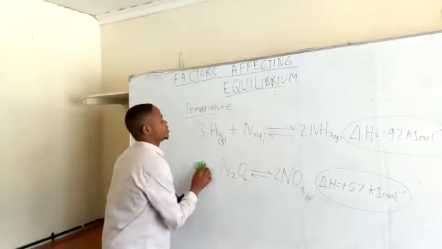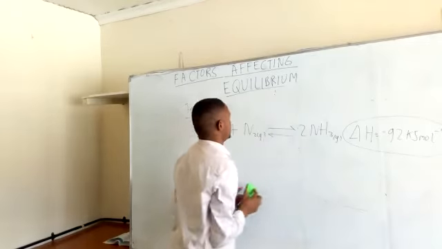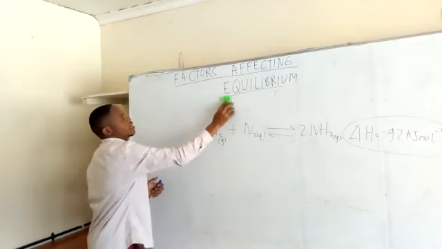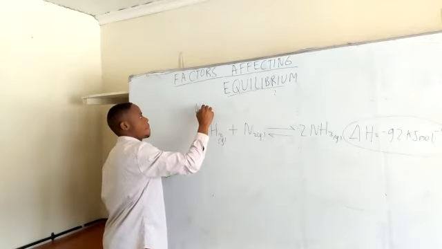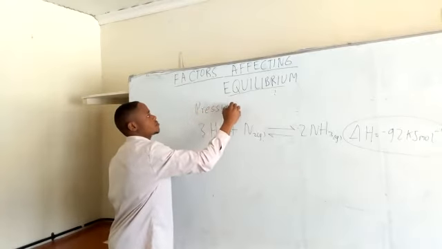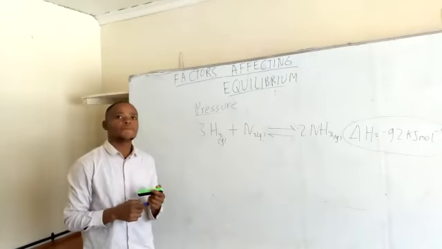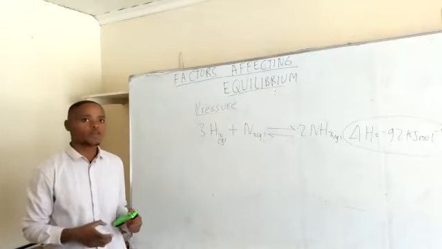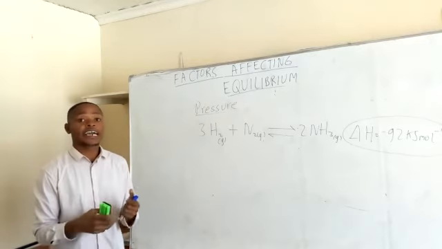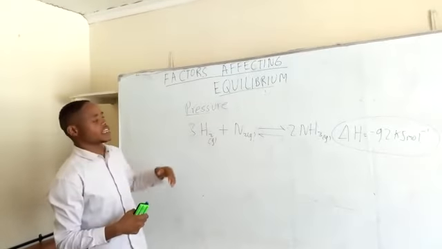Next, we're going to look at pressure. So how does pressure affect the position of the equilibrium? Of course, we say the pressure will affect those reactions that involve gases, production of gases, or in which the reactants are gases.